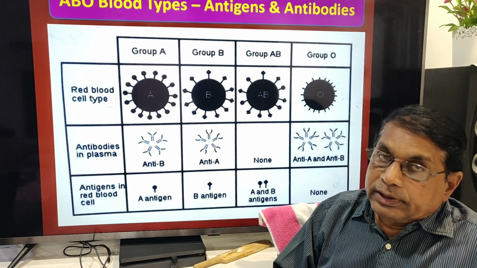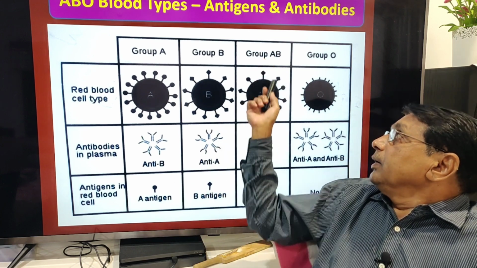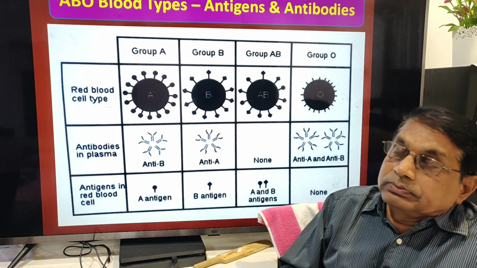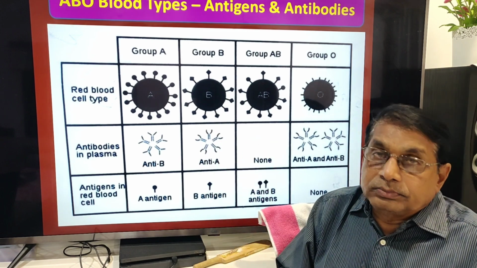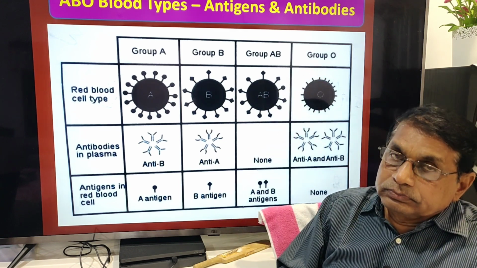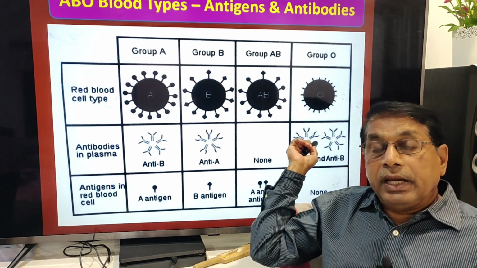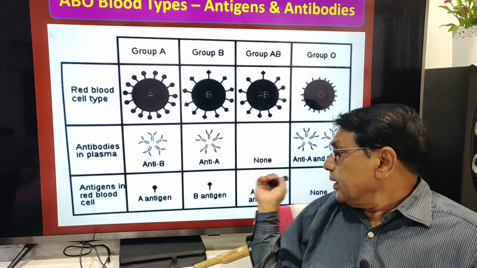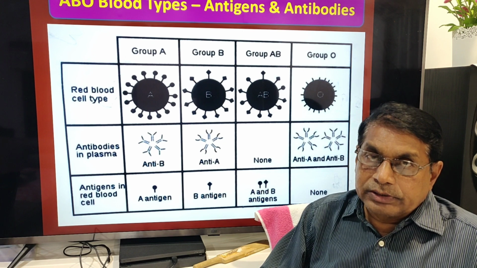Then AB: both antigens are present, and no antibodies in the plasma. Then O group: no antigens, but both types of antibodies, anti-A and anti-B, will be present. Here anti means antibody. So this is a very useful diagram to understand.